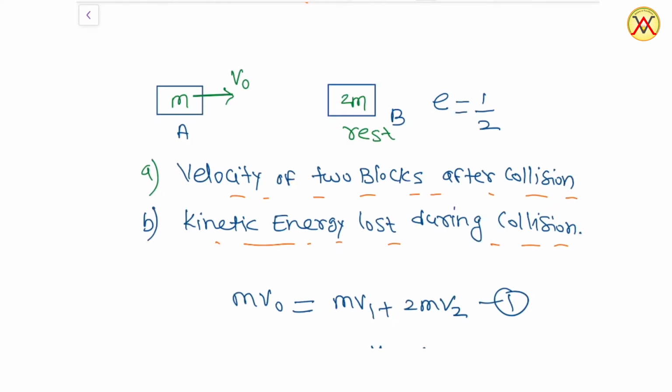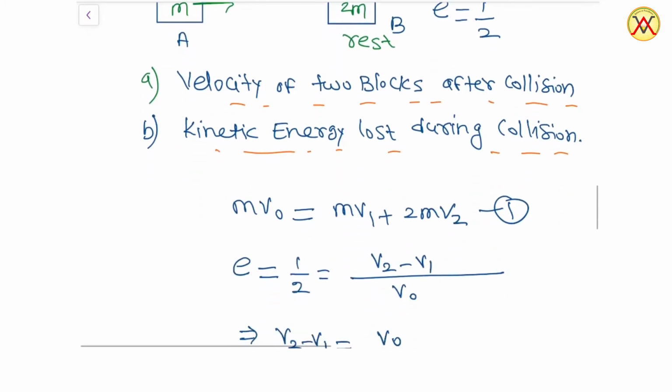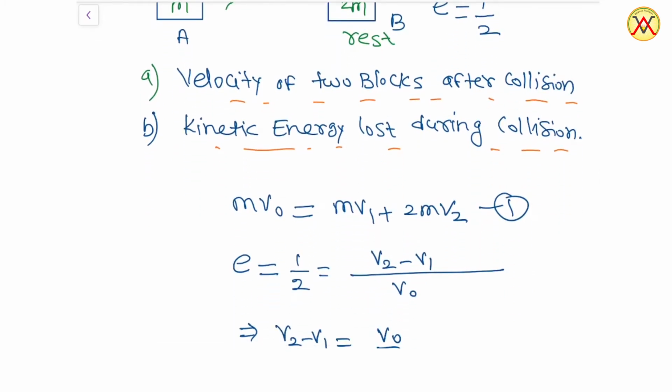By conservation of linear momentum, the linear momentum of the system before collision is m v0 and after collision is m v1 plus 2m v2, so the two values should be the same. By the coefficient of restitution, E equals the velocity of separation, v2 minus v1, upon the velocity of approach, v0, which equals half.